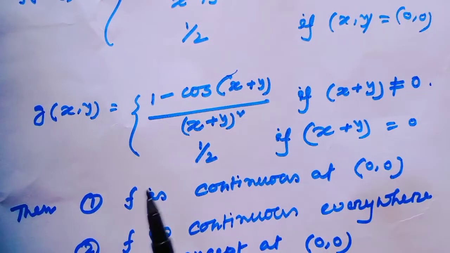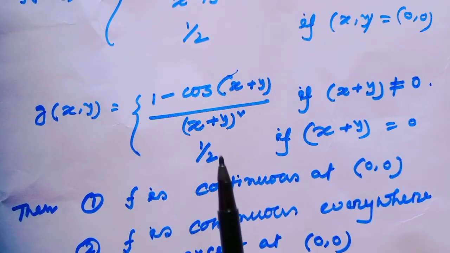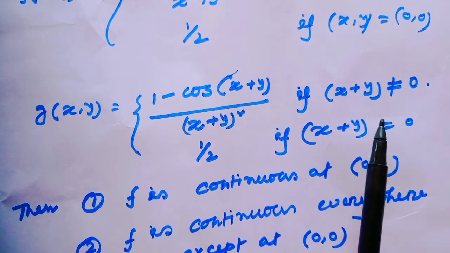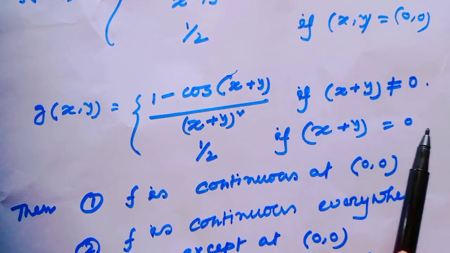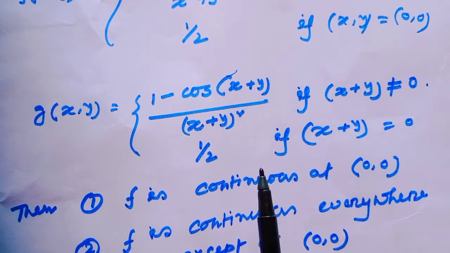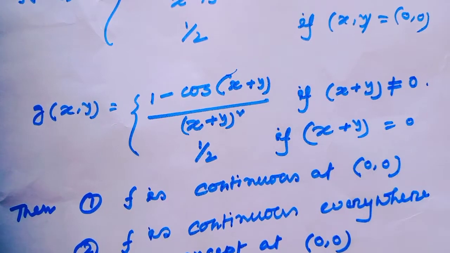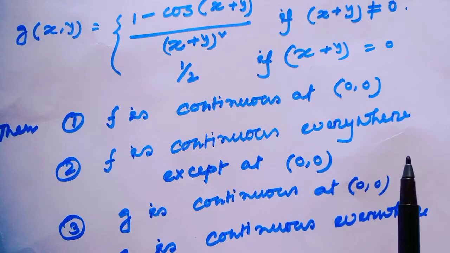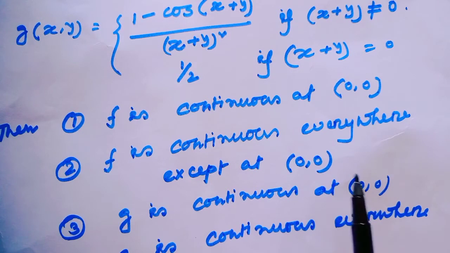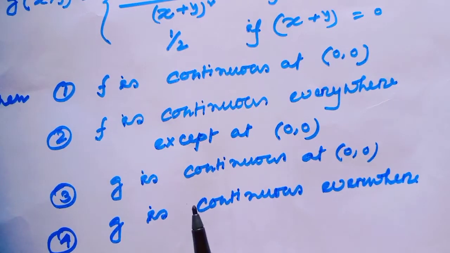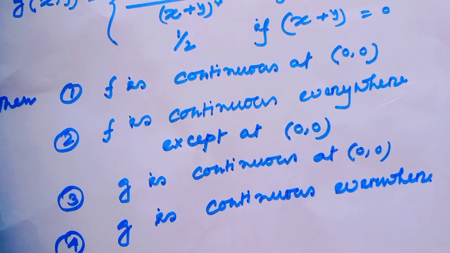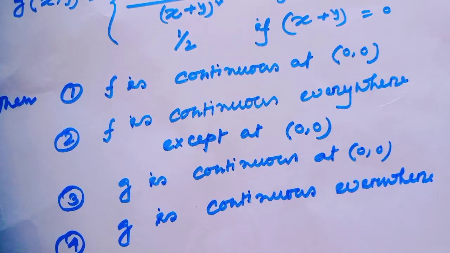The other function g(x,y) equal to (1 minus cos(x plus y)) over (x plus y) if x plus y not equal to 0, and half if x plus y equal to 0. Then the options indicate: f is continuous at (0,0); f is continuous everywhere except at the point (0,0); third option, g is continuous at (0,0); and fourth option, g is continuous everywhere.